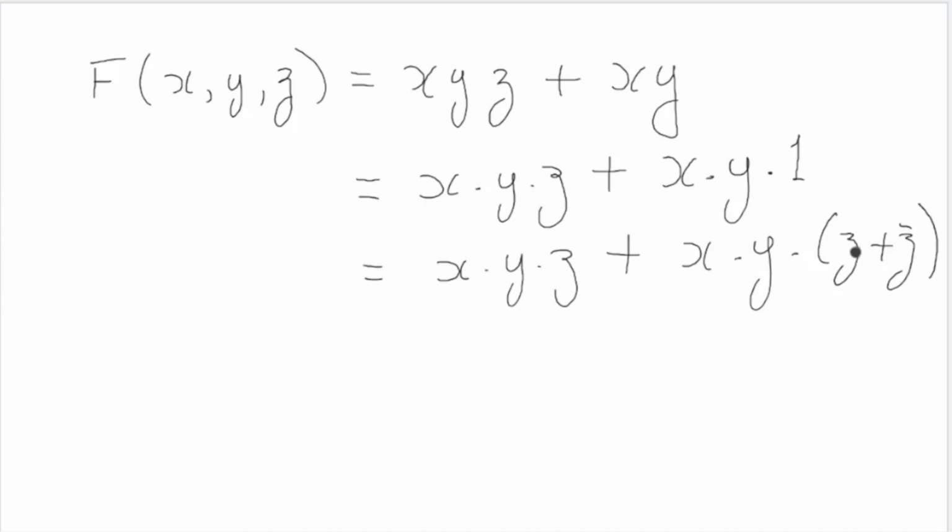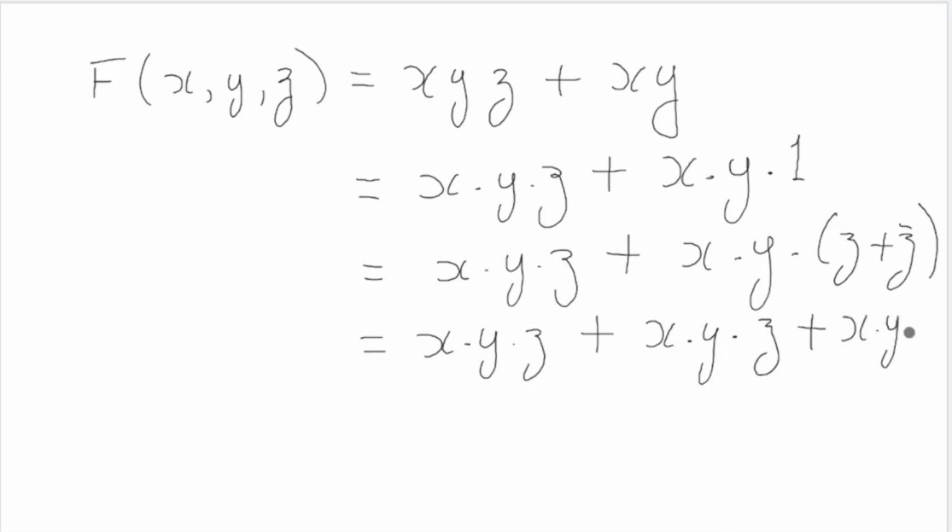That is, whatever the missing term is, we'll say that missing term plus missing term complement. Then when we expand it, that is x.y.z plus x.y.z plus x.y.z complement, and now the expression is in canonical form.